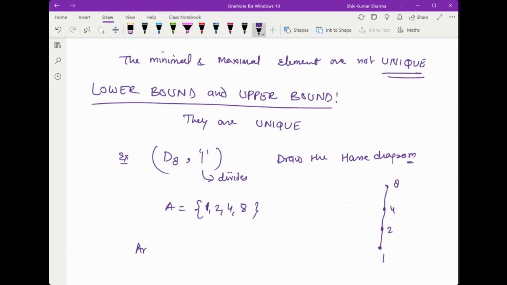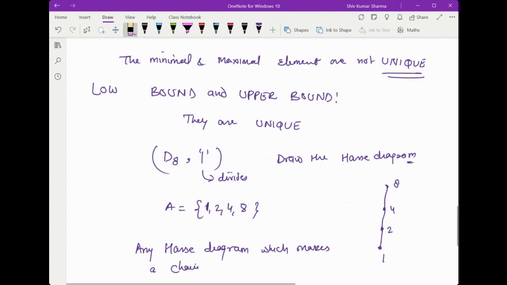So any Hasse diagram, you remember, which makes a chain, that means which makes a straight line, is called a chain. So remember, we require this word chain in lattice.